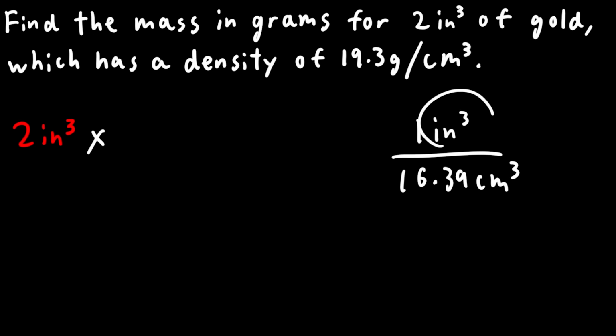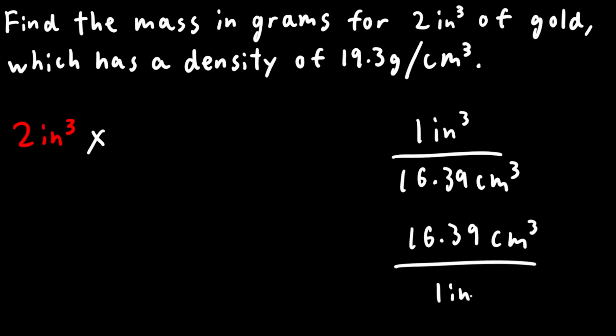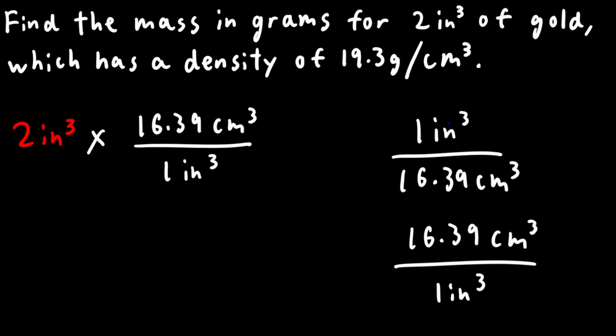Unfortunately, the inches cubed is in the numerator, but recall that with conversion factors, we're allowed to flip the fraction because the ratio stays the same. So let's multiply this by 16.39 centimeters cubed over 1 inch cubed. Notice how we can cancel out the inches cubed in the denominator and in the numerator.